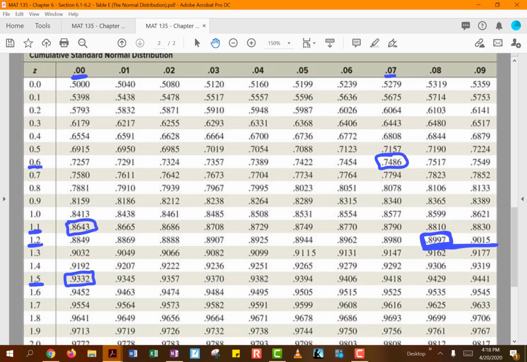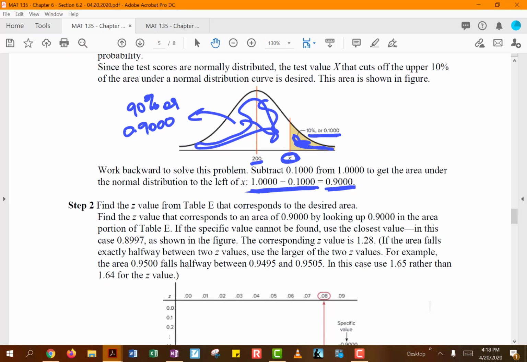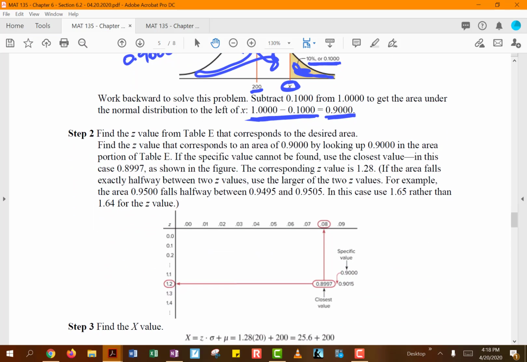So this is going to be 1.28 as our z-score, and you will see we're talking about that right here. So the closest value is 0.8997, which corresponds to a z-score of 1.28. Now, just as a note of reference, here in the parentheses we're talking about, if your area falls exactly halfway between two of the z values, so it's the same distance from both z-scores, then you always go for the larger of the two z values.